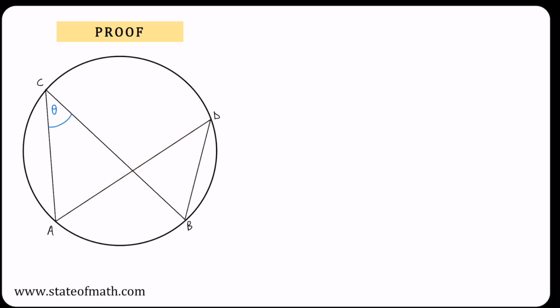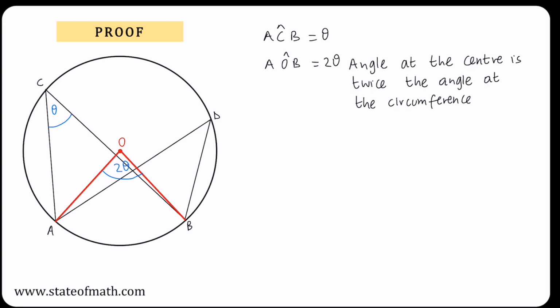Now to do that, I will start by considering the center of the circle O, and I will join A with O and O with B. Now I will call ACB to be theta, and then we know that angle AOB should be 2 theta, twice the size of angle ACB. The reason is that the angle at the center is twice the angle at the circumference.